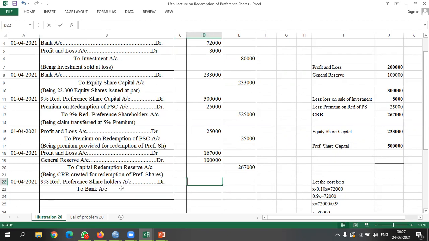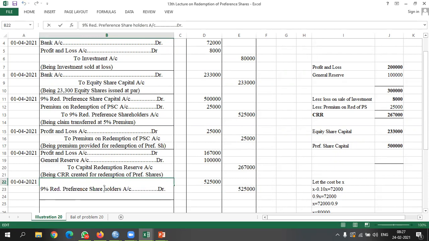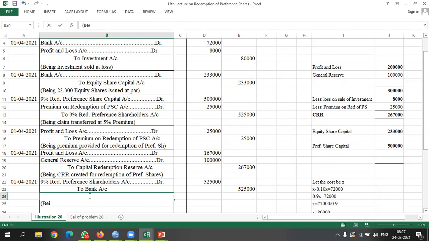And amount is 5,25,000. Now narration will be being claim settled at 5% premium.